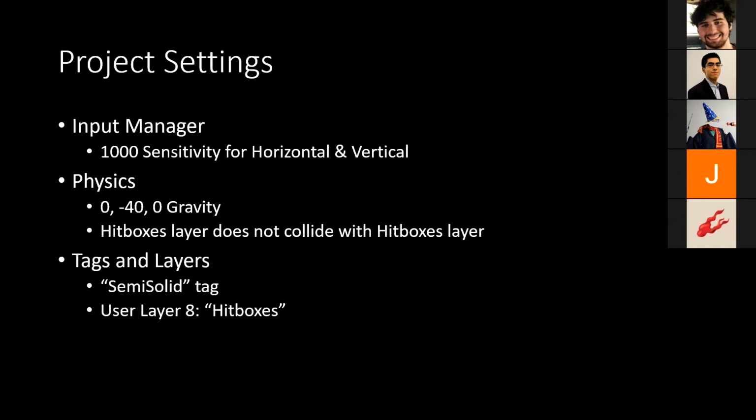Now, there is some setup that you need to do in the project settings, which could not be put into the package. So the first thing you want to do is go to the input manager in the project settings. And for the horizontal and vertical axes, change the sensitivity to 1000. I think the default is 3. What this does is that those inputs in Unity are analog inputs.